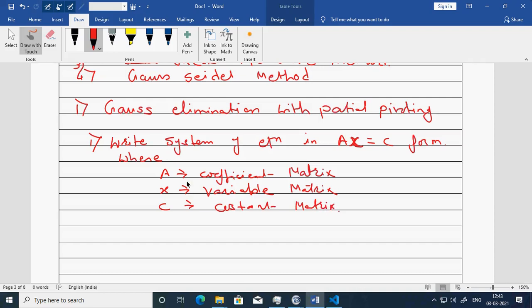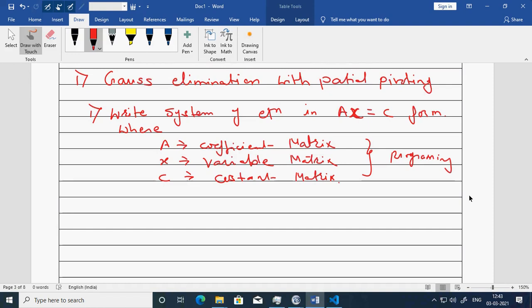Okay, so this is the step we do for the programming. There is a small change when we do it manually. It is just to simplify the process of solving manually. So this is what we do.